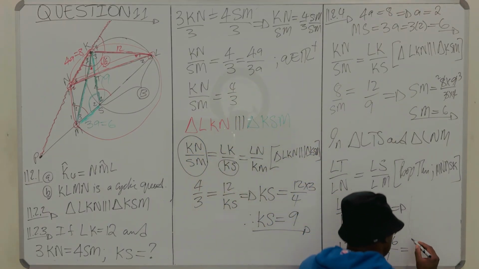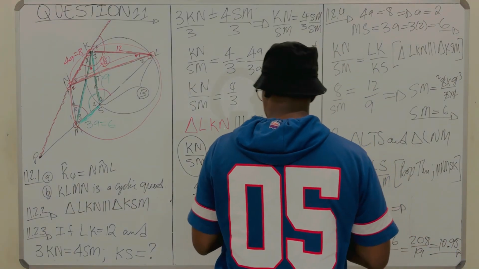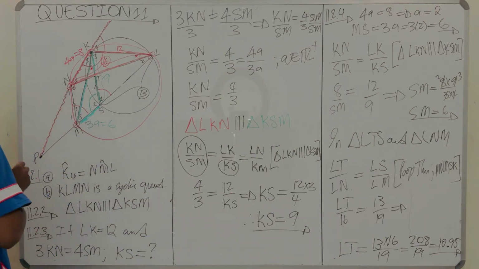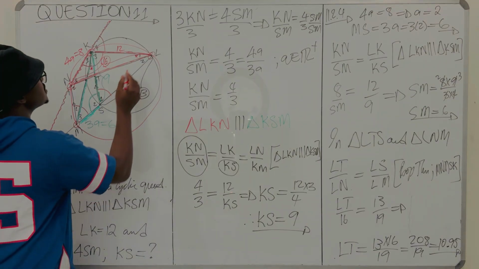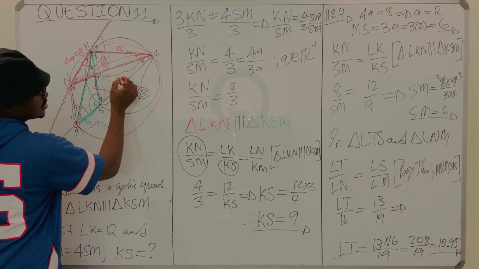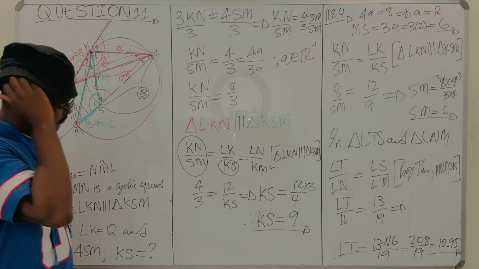So the answer is 208 over 19, which is equal to 10.95 units. So we find that if we want LT over here, this small length over here is 10.95 units.